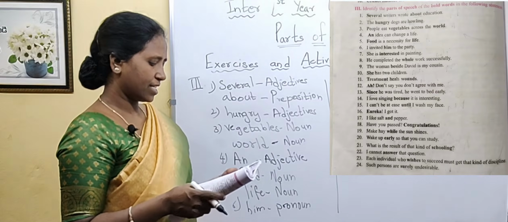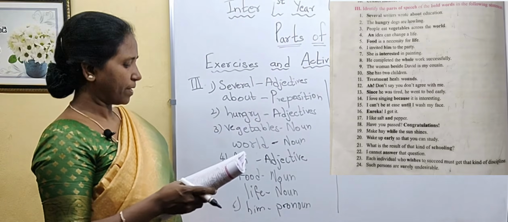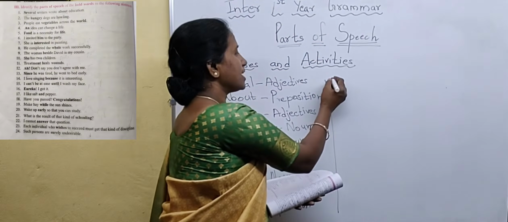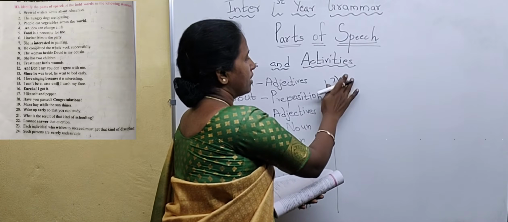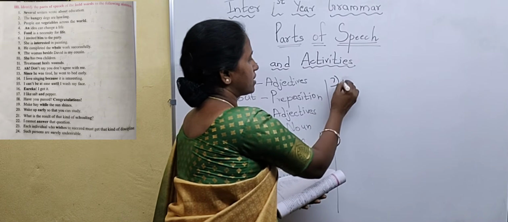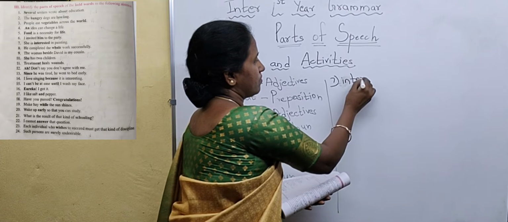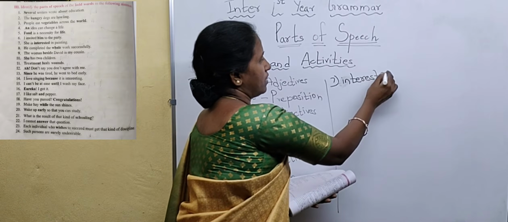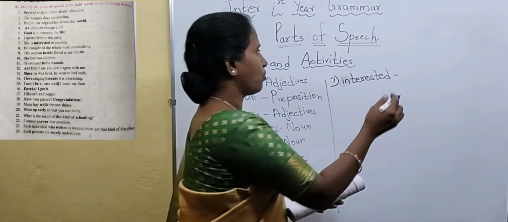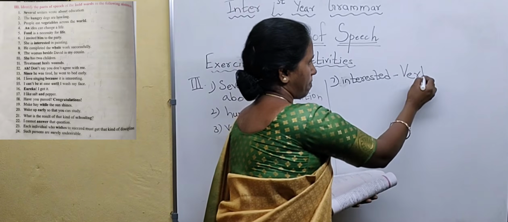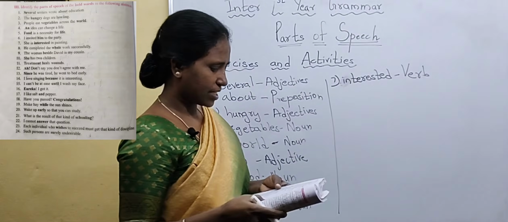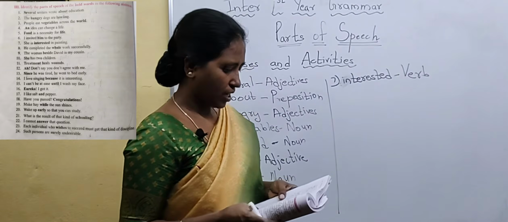That is the seventh one. She is interested in painting. So here the word interested is a verb. She is interested in painting.